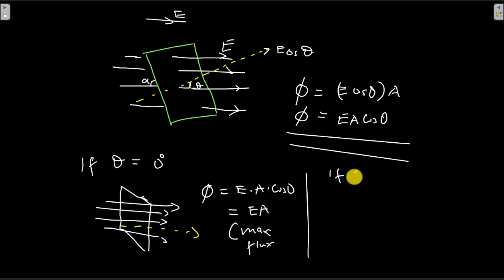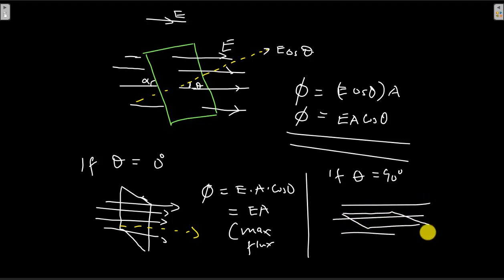Also, if we have theta as 90 degrees, that would mean that the electric field and the area are parallel, like this. So in this case, this is the normal to the area. This is the electric field.